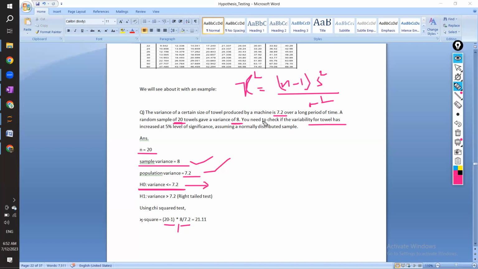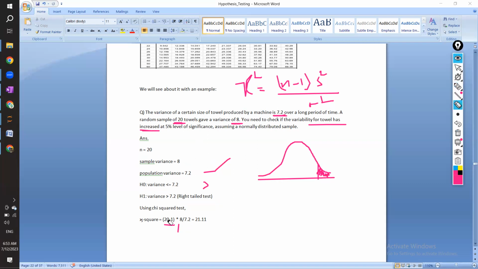In another way, he's saying it is not increased, that means either it is 7.2 or less than 7.2. But the alternate is saying no, it is greater than 7.2. We are not testing whether it is not equal to 7.2. It is just asking for an increase, so you need to do a right tail, one-tail test.